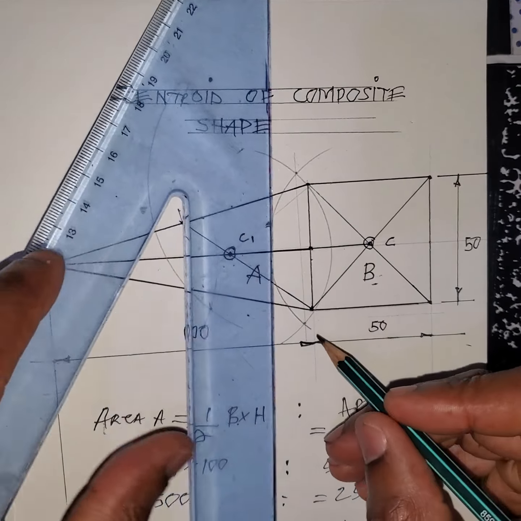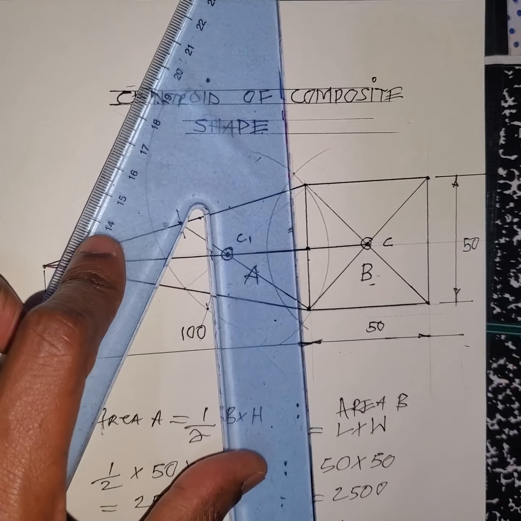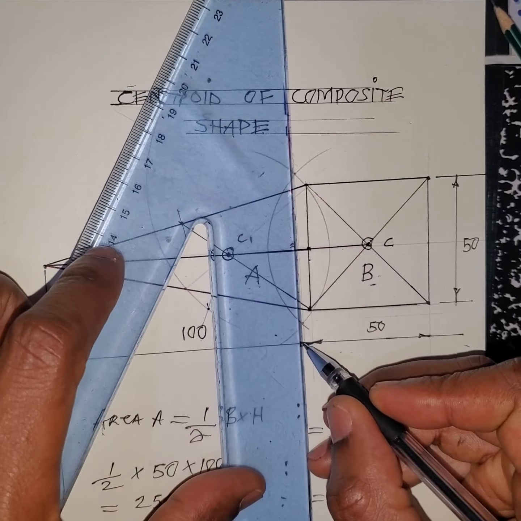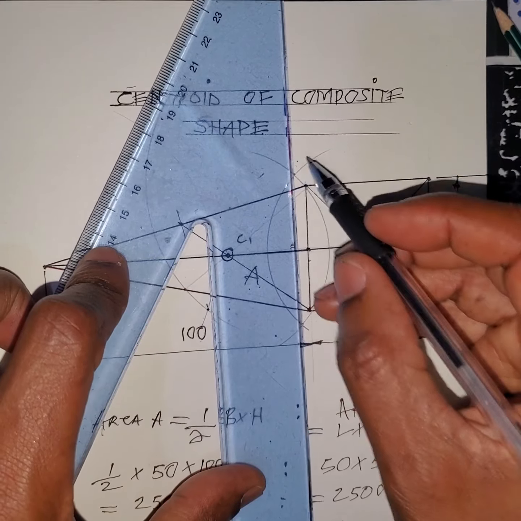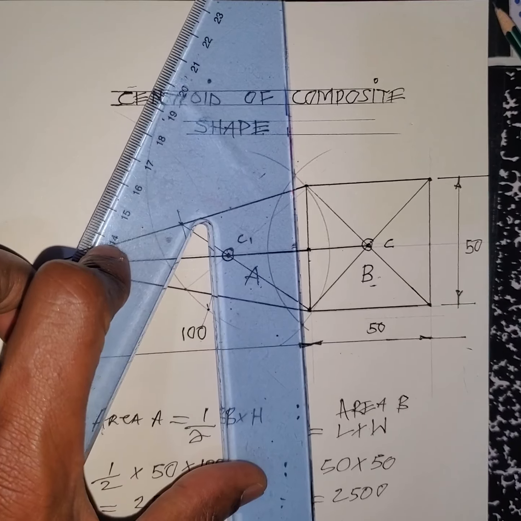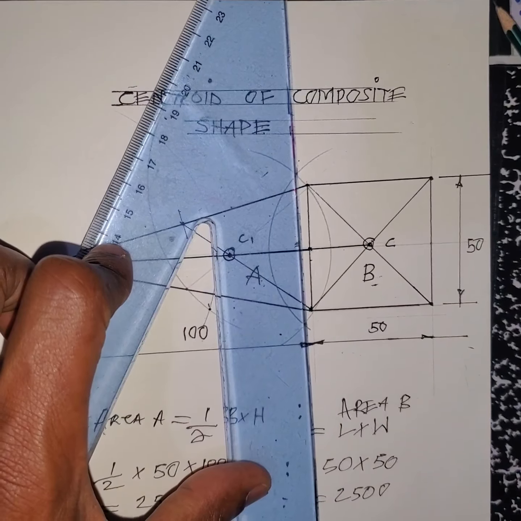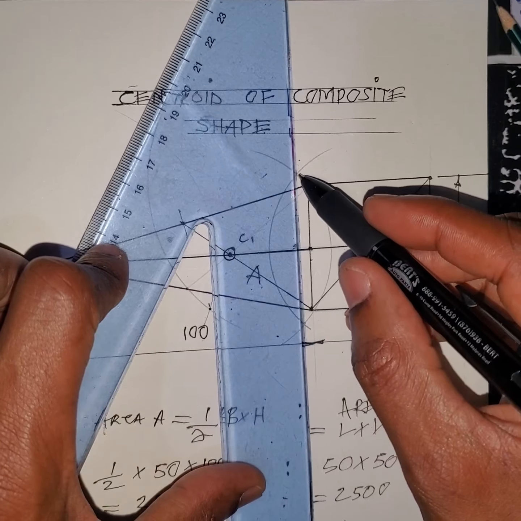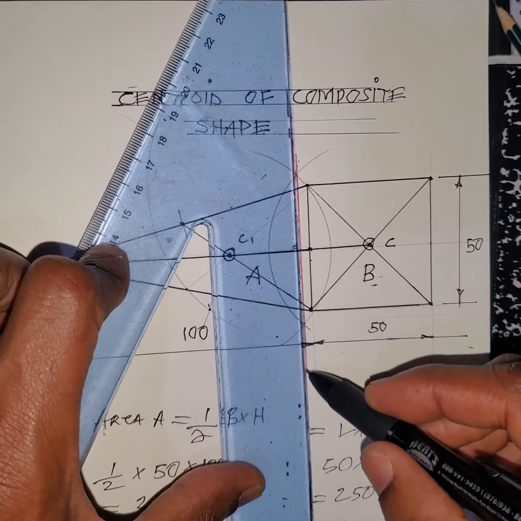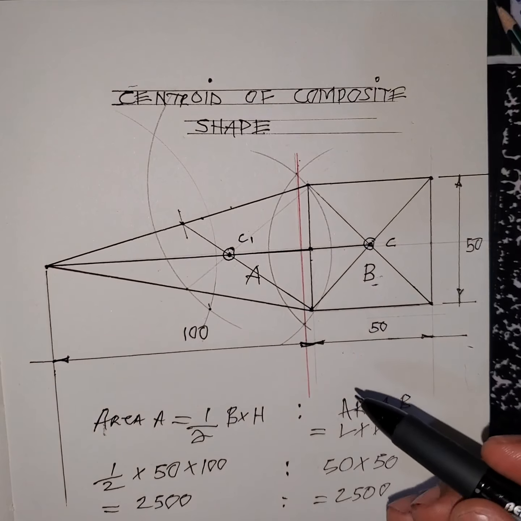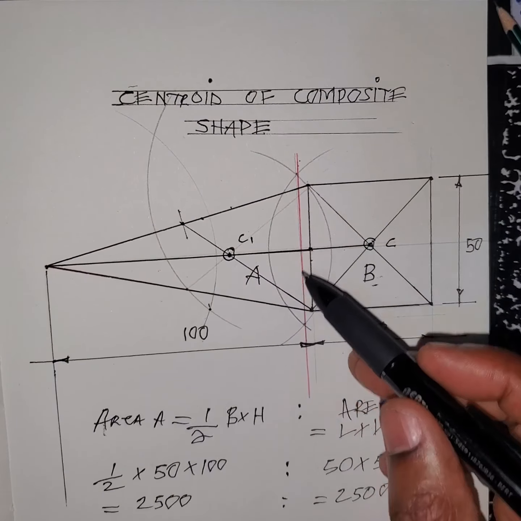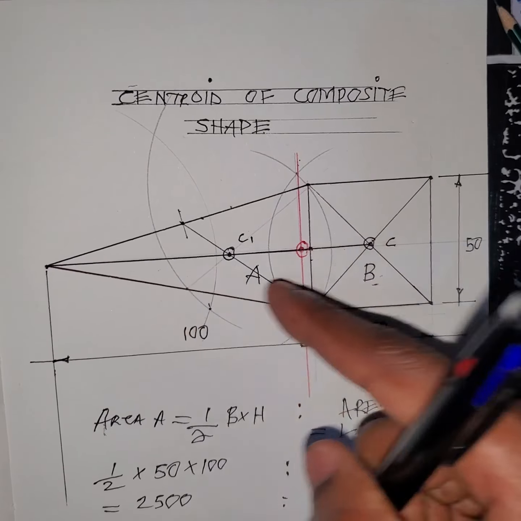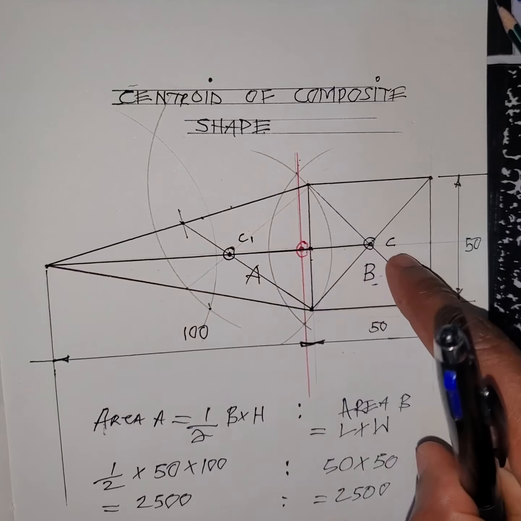So we could extend this down to the dimension line here. Let me use a different color marker to establish this. So this would have been the centroid. The centroid would have been right here for the composite figure when both centers are combined.